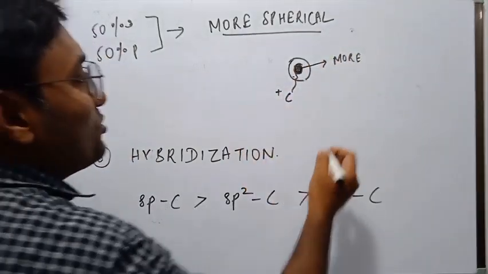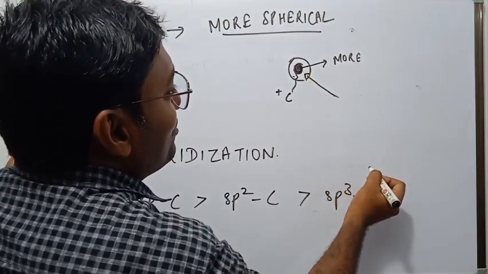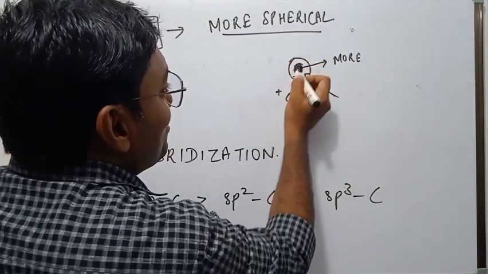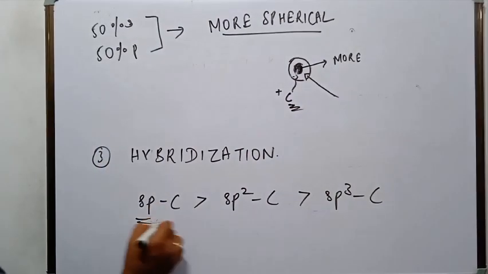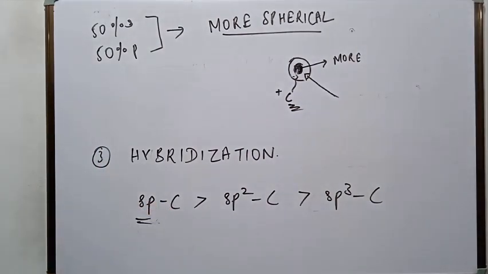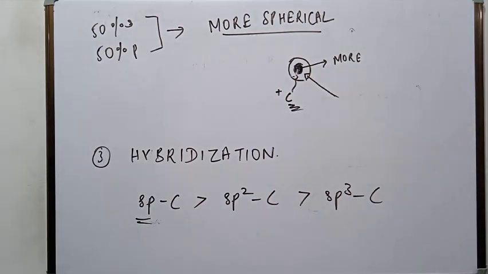Therefore it would be able to attract electrons towards itself. That would increase the electronegativity of the sp hybridized carbon atom. Therefore the sp hybridized carbon atom is polar. It exhibits polarity, correct? sp2 also exhibits polarity, sp3 doesn't.